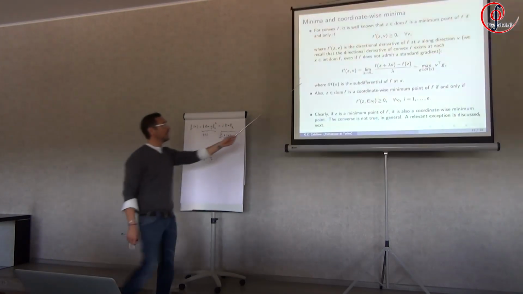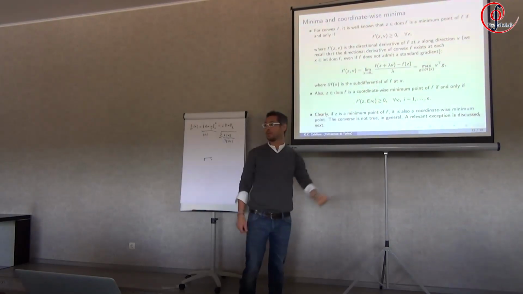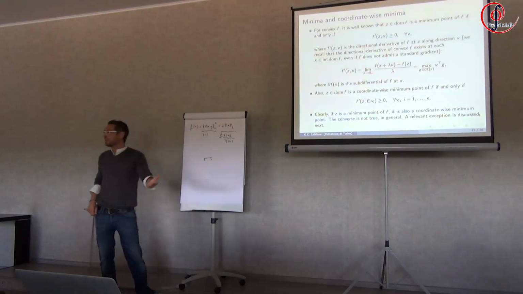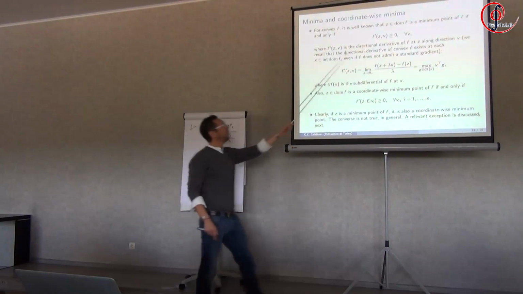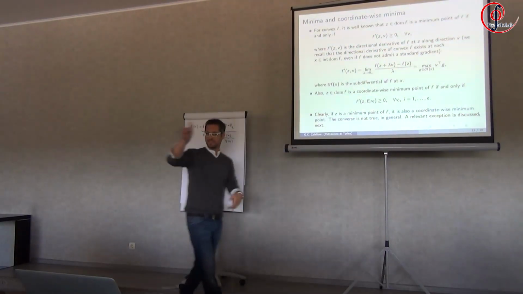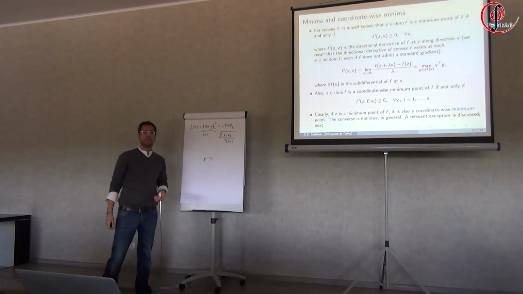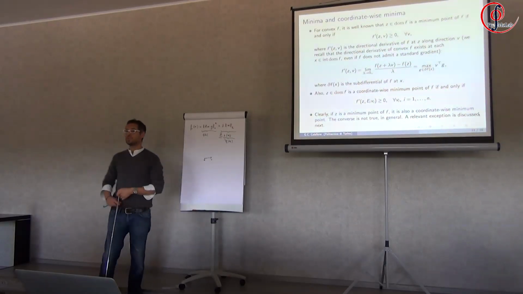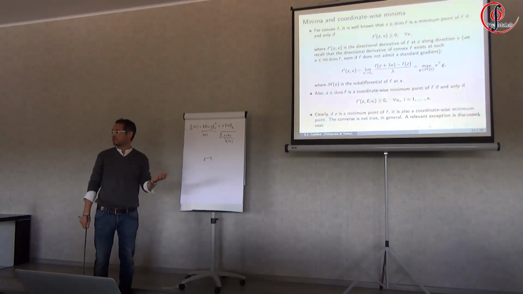So if the directional derivative is greater than or equal to 0, it means that for sure the function is not decreasing in that direction. Okay? And if it is so for all directions, anyway I choose v, then it means that we are actually at the minimum point, because any direction I choose and then I move in that direction, I will not decrease my function.